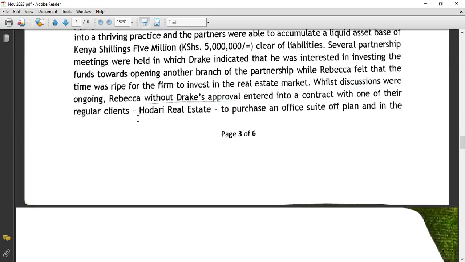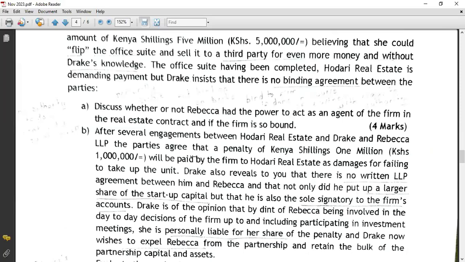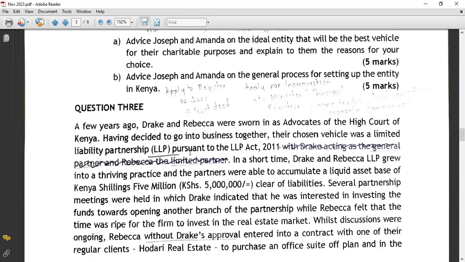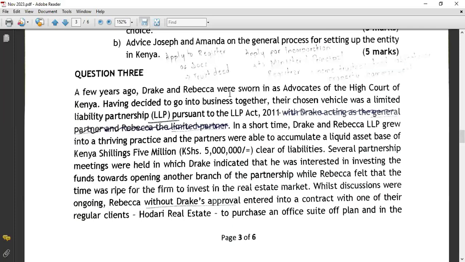So question 3, the last question of the day. A few years ago, Drake and Rebecca were sworn in as advocates of the High Court of Kenya. Having decided to go into business together, their chosen vehicle was a limited liability partnership, LLP, pursuant to the LLP Act 2011.